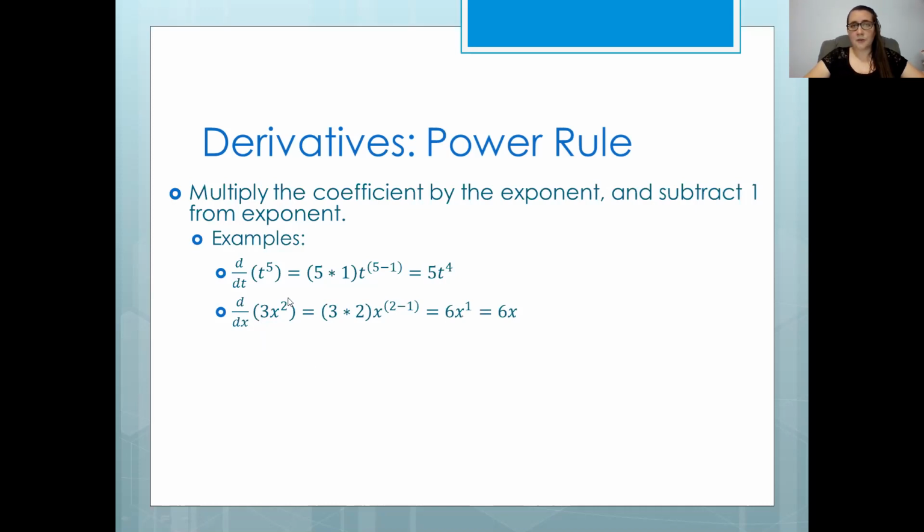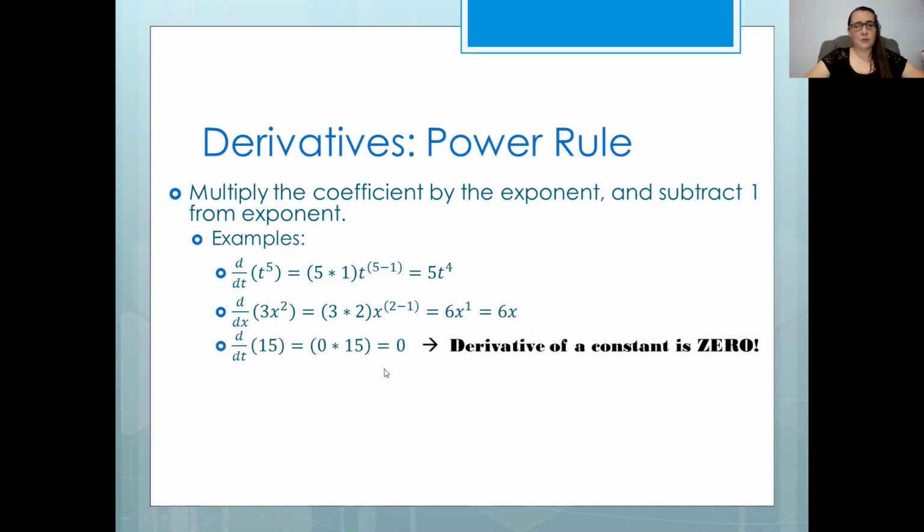We're going to apply the power rule again, which is we multiply the coefficient 3 by the exponent 2. So 3 times 2 is our new coefficient. And then we write down our variable again and subtract 1 from the exponent, so 2 minus 1. So that gives us a result of 6x to the 1, or just 6x.